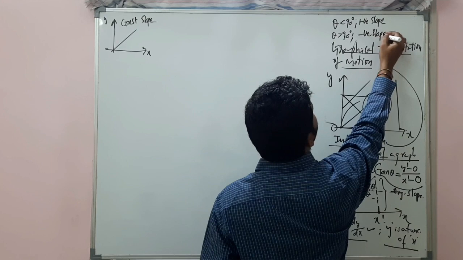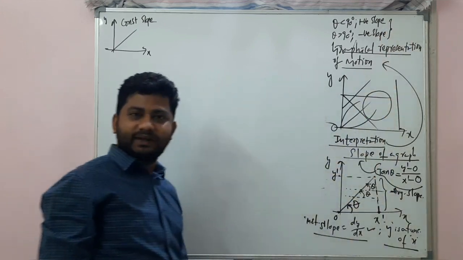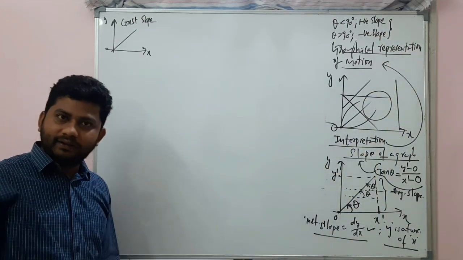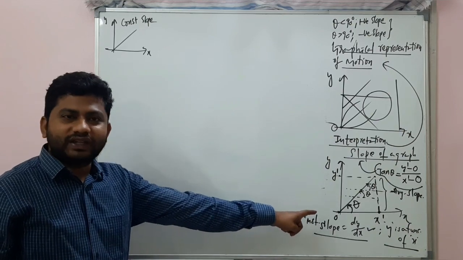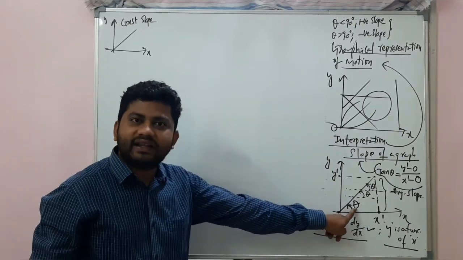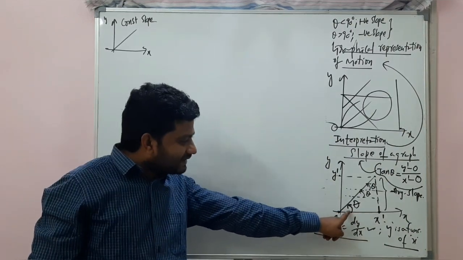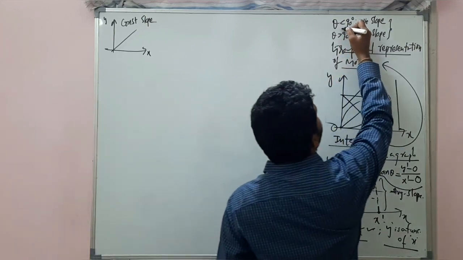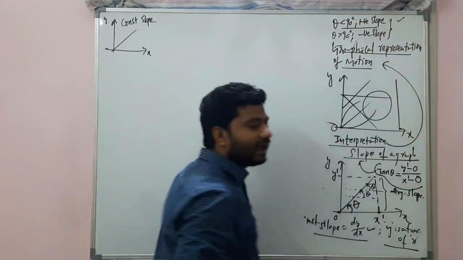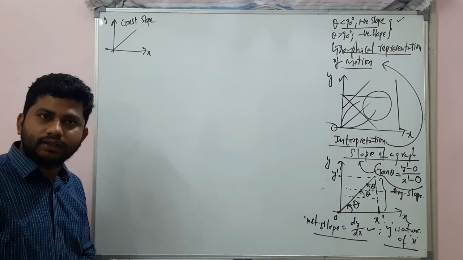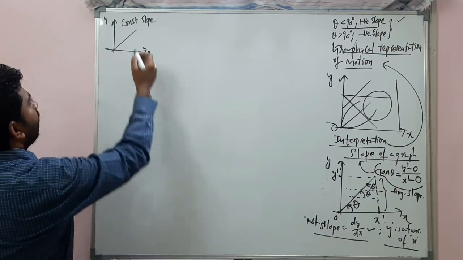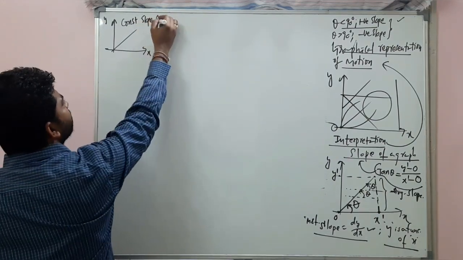You might have discussed this in your basic mathematics. Here, is this theta less than 90 or greater than 90? This theta is less than 90, so this graph has a positive slope. Now, this is a constant slope, which is positive.